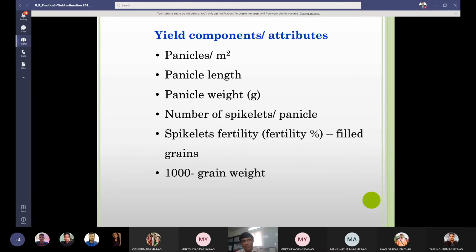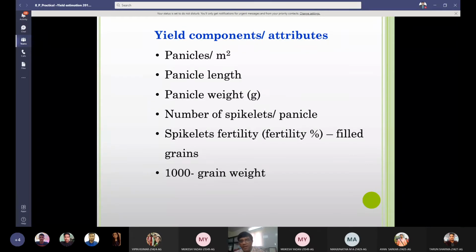In the calculation, panicle weight is not used. Panicle weight is irrelevant for the calculation of yield. For the calculation of yield we use panicles per meter square, number of spikelets per panicle, spikelet fertility, and 1000 grain weight.